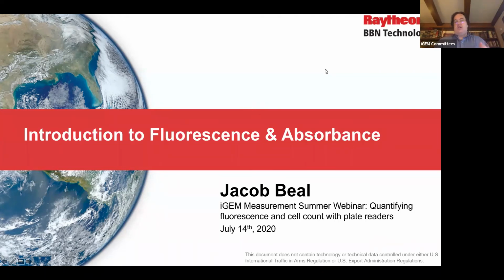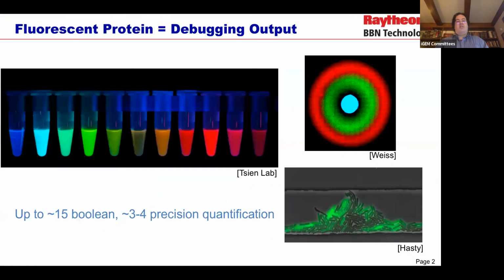We're going to start, first of all, by just talking about, in general, fluorescence and absorbance as measurement tools. So, getting started, fluorescent proteins are one of the key debugging outputs that people like to use in synthetic biology.